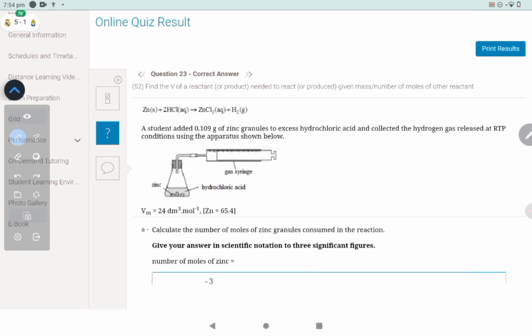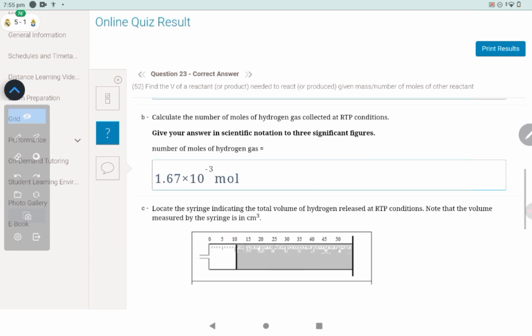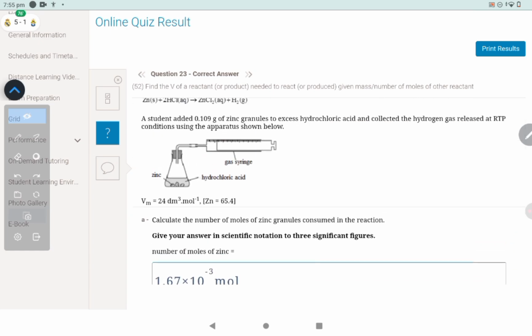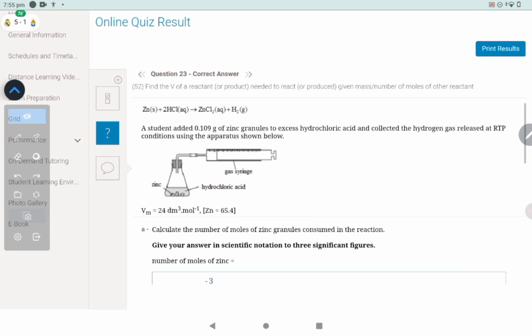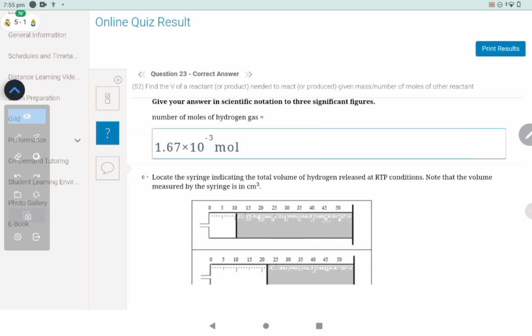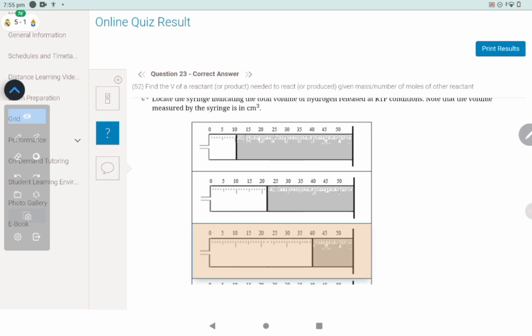So 1.67, as we solved, multiplied by 24, we get 0.04. But that is in decimeter cube. Sorry, my bad, volume is always in decimeter cube.